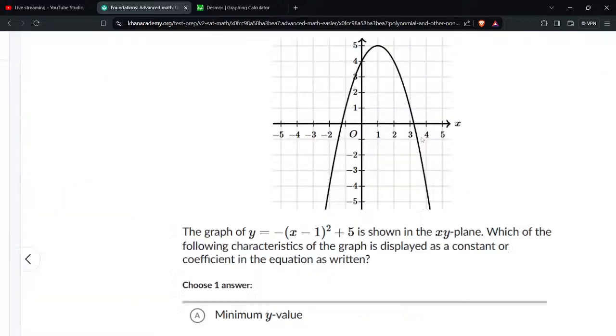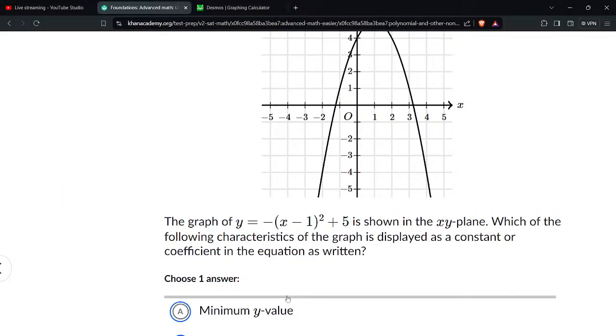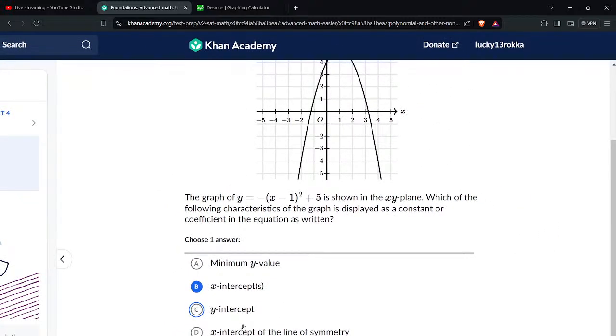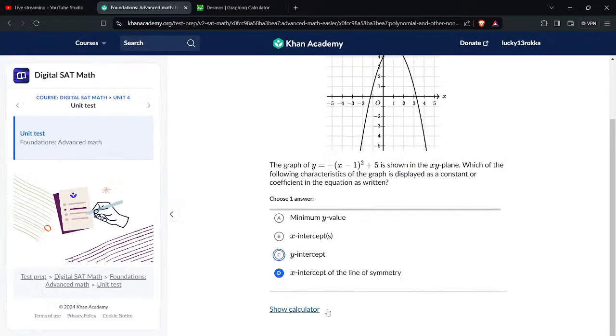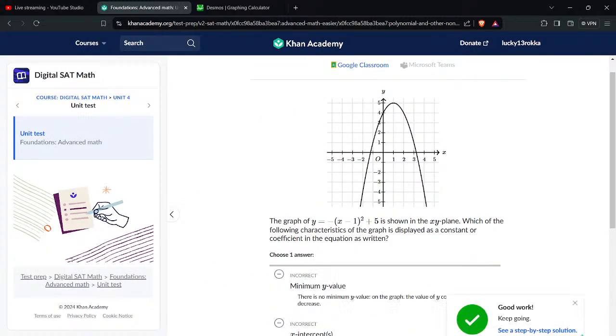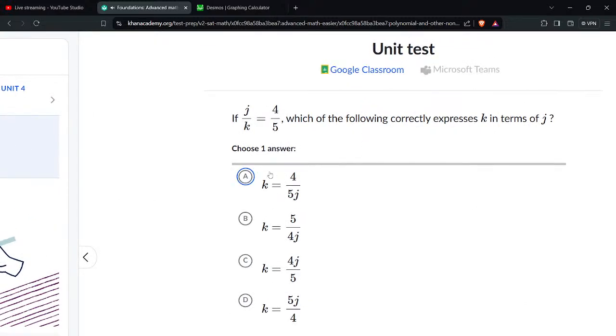Do we have the x-intercepts here? So, no, we don't. Minimum y value. What's the minimum y value? Do we have the y-intercept here? No. We have the x-intercept of the line of symmetry. X minus 1, yeah. So z is the following. K is equal to 5z by 4.